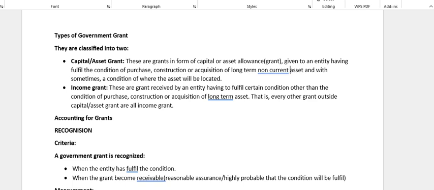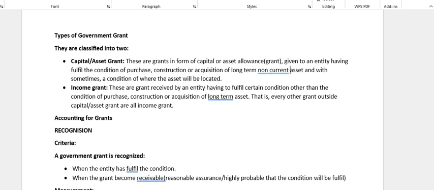Whereas income grant is the other type of grant that you receive apart from the purchase, construction, or acquisition of a non-current asset. All other grants put together, that has to do with you meeting certain conditions, but it does not involve you purchasing, constructing, or acquiring non-current assets.